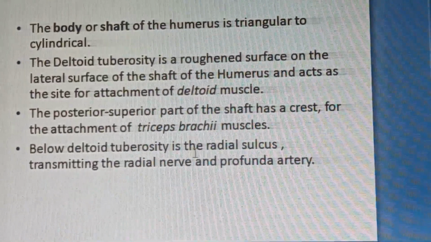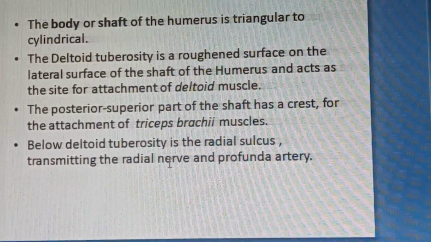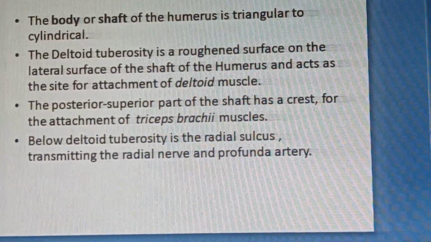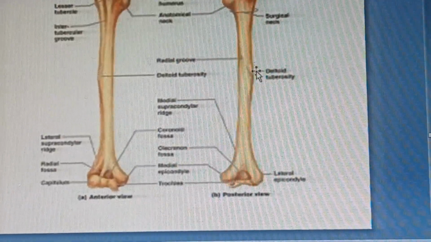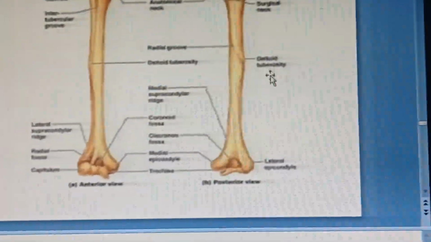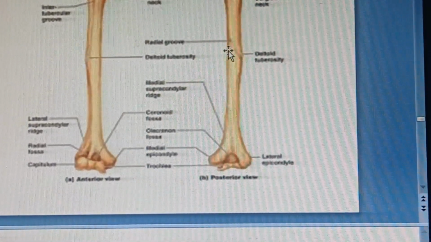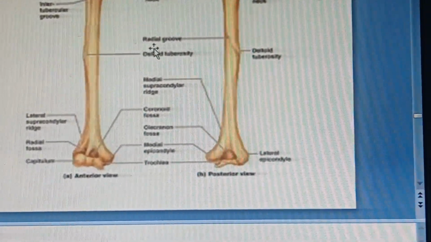Below the deltoid tuberosity is a radial sulcus transmitting the radial nerve, and also the profunda artery. This area is called the radial groove.